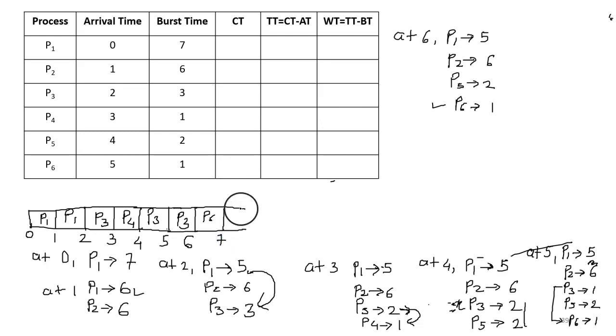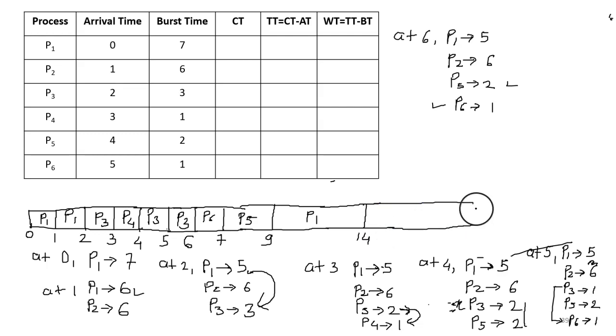After completion of process P6, CPU will be assigned to process P5 for how much time? 2, that is 9. And after P5, CPU will be assigned to process P1 for unit 5, that is 14, and after completion of process P1, CPU will be assigned to process P2, which is last process, for 6 units.